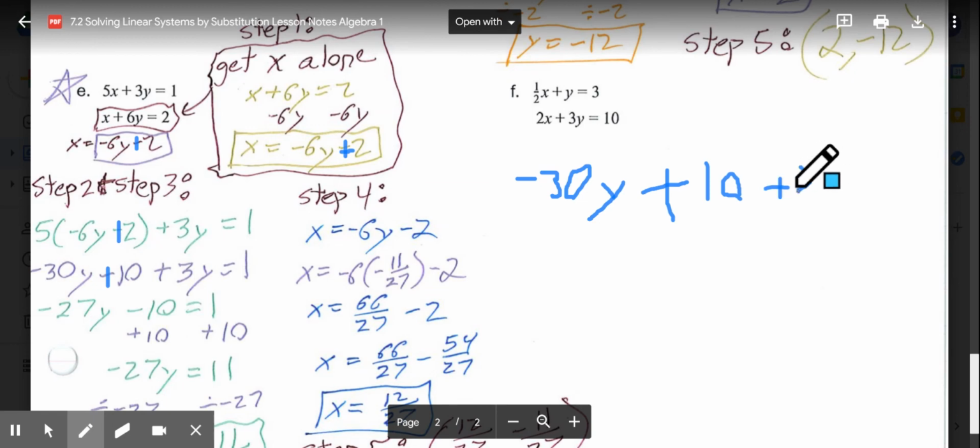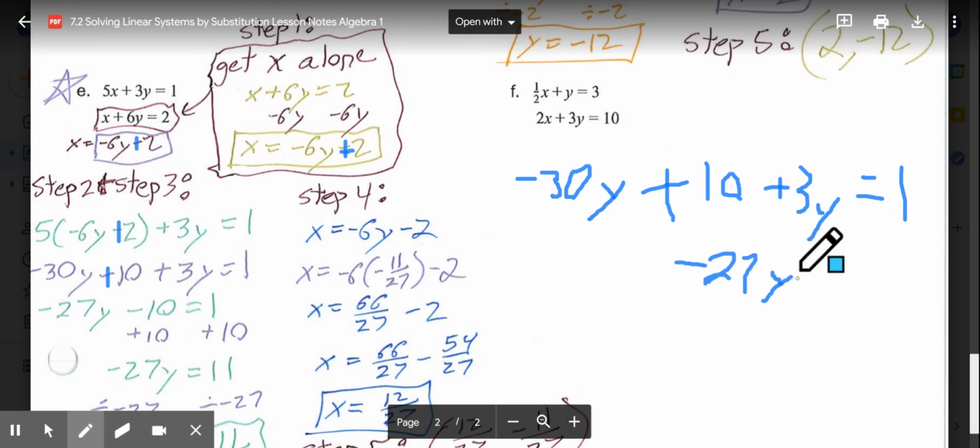So if you were going to work through this to get your solution, this would be the piece that we need to solve. So in this case, we would end up with a negative 27y still, but instead of adding 10 to each side, we'd have to subtract it, and that would equal a negative 9.